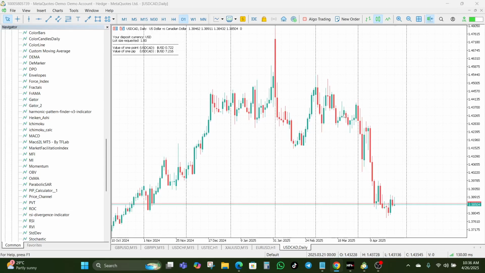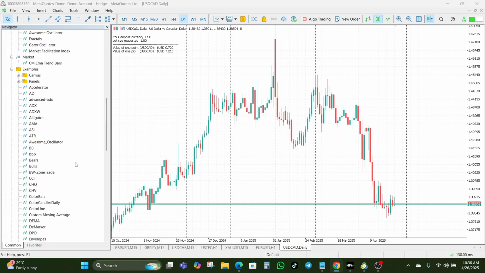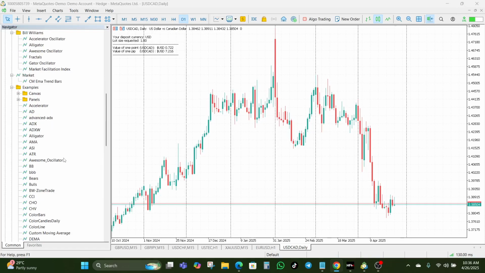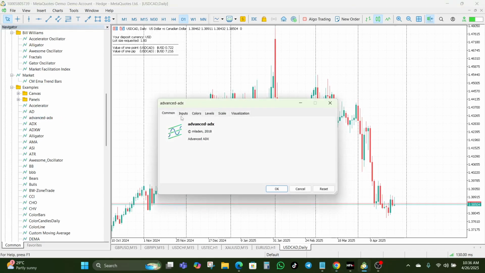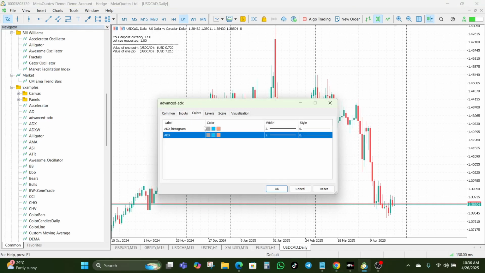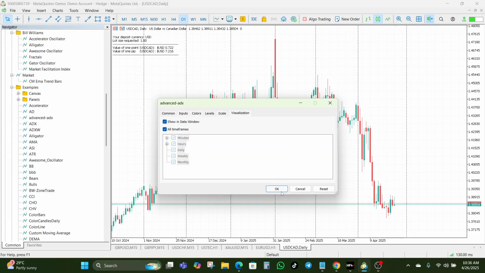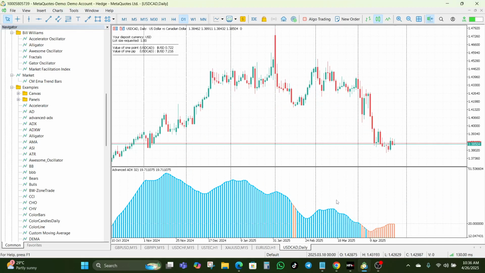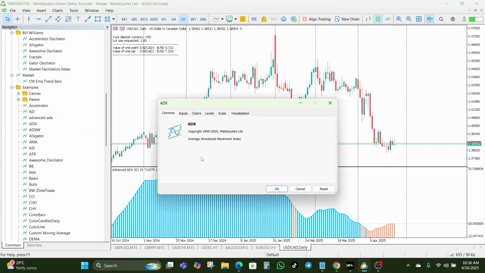That being said, I'm going to be adding the advanced ADX indicator to the chart right away. If you're familiar with the standard ADX indicator, you're going to see a difference with this. You can see that this is not how the standard ADX indicator looks. In fact, let's just add the ADX indicator to the chart so we can do a quick comparison.